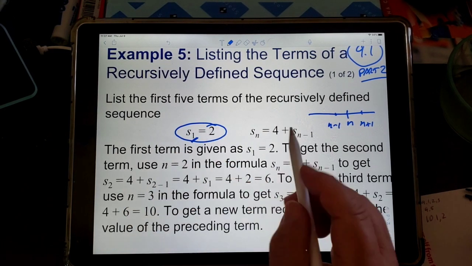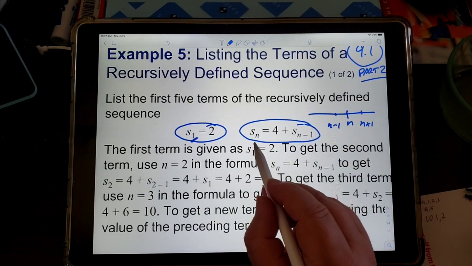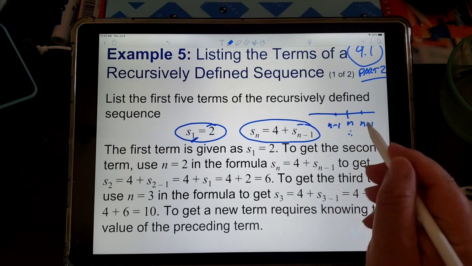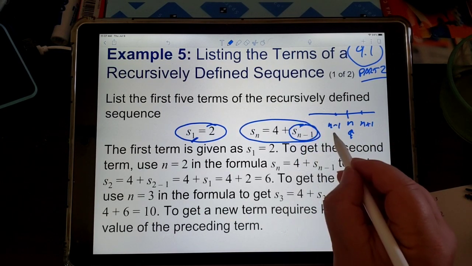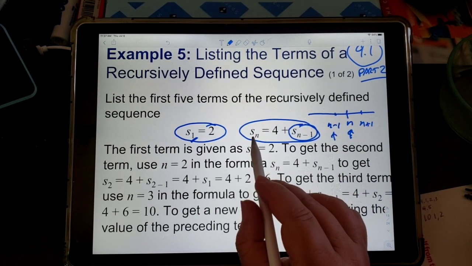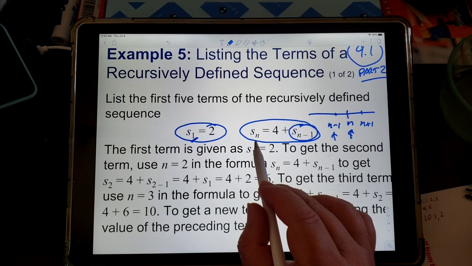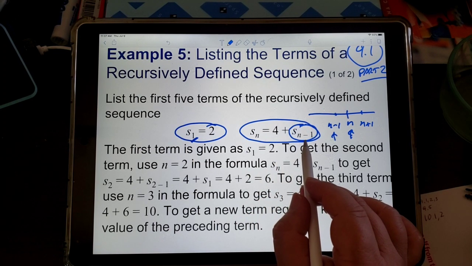You're given the starting term, and then you're given this relationship between any term and its previous term. So you think of this as the nth term. Again, that's just a way of saying any term is equal to 4 plus its previous term.